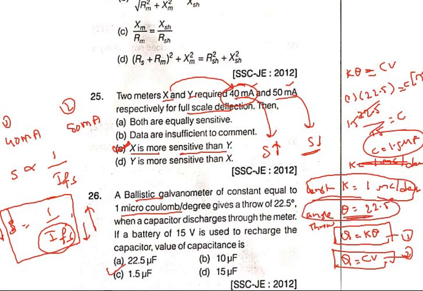We know the formula, Q equals K theta, and another formula, Q equals CV. Based on these two formulas we can write K theta equals CV. K means constant value 1, theta 22.5, C value we don't know, V value 15 volts given. Just substitute here: 1 into 22.5, 22.5 equals C into 15.